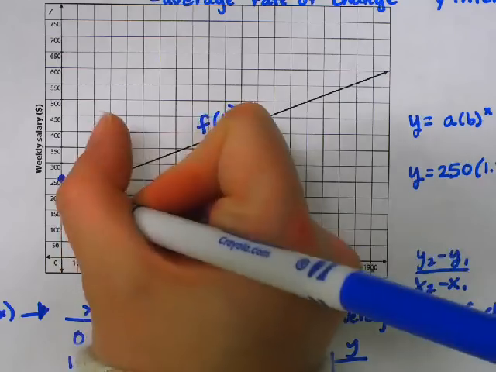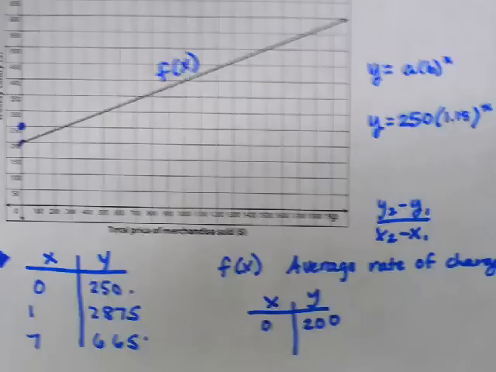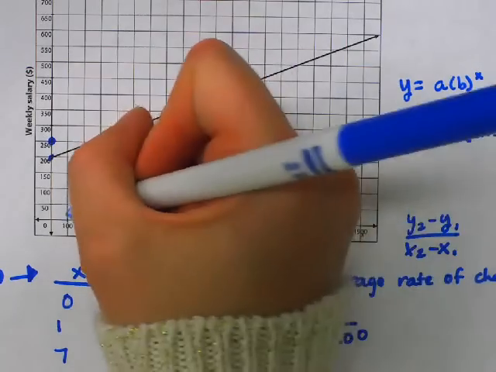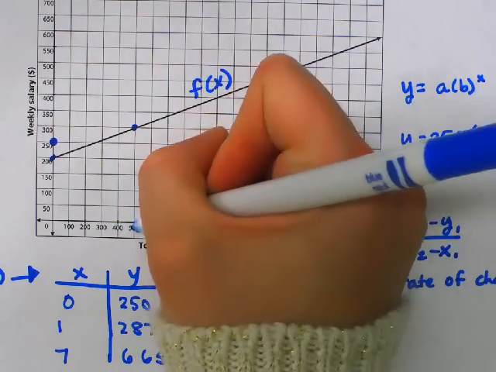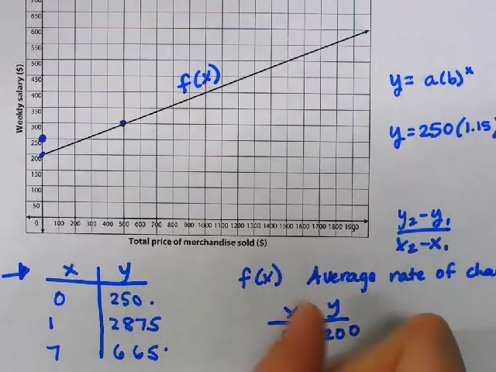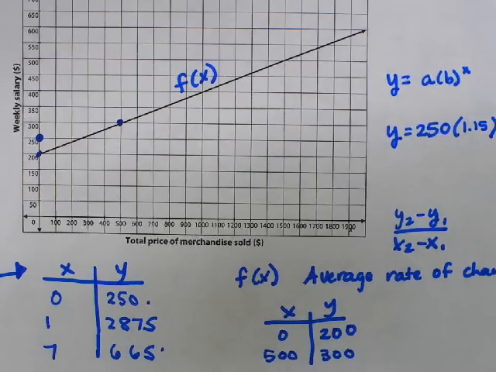If I look at this at 0, it's at 200. And let's see if we can get another point. I feel like right here's another really good point. So that's over 500, up to 300. 500, 300.